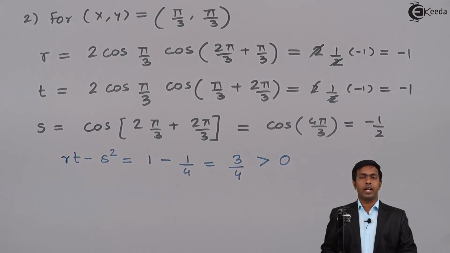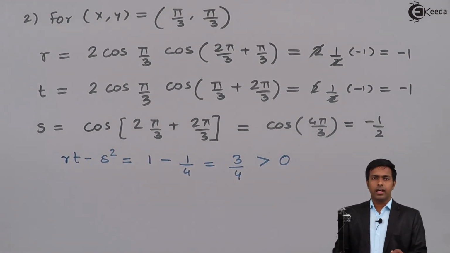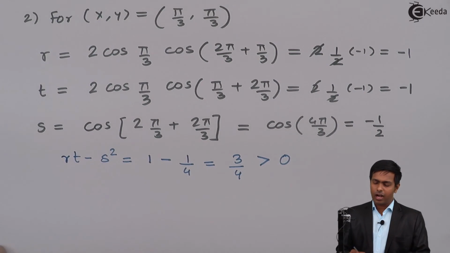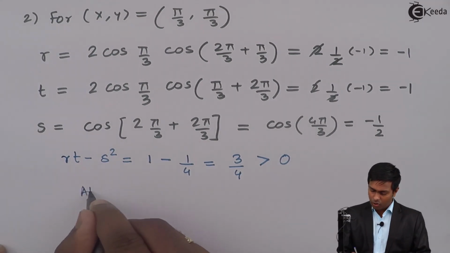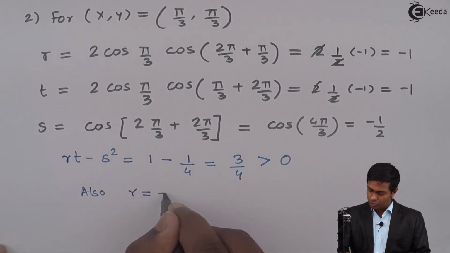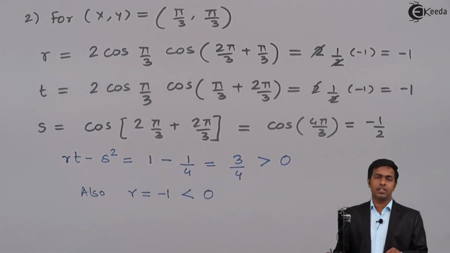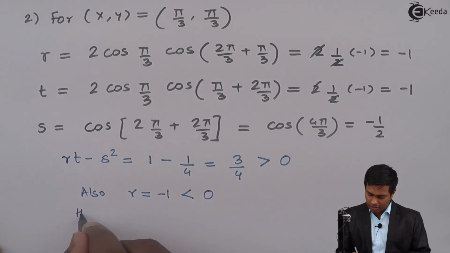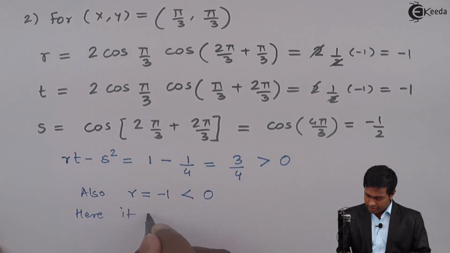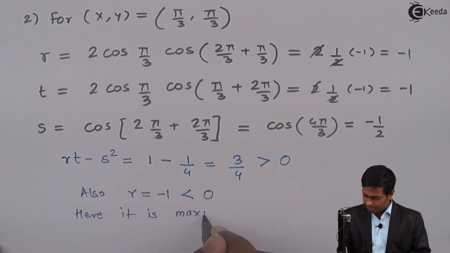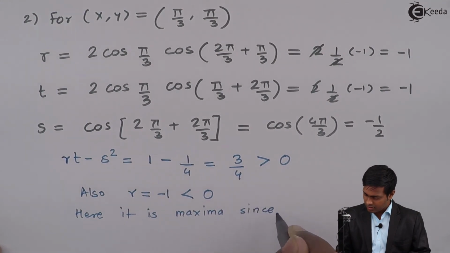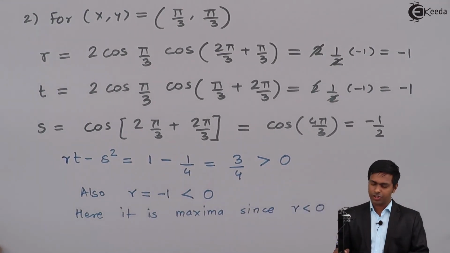So whenever RT minus S square is greater than 0, there will be either minima or maxima, and for that we'll check the value of R. So here R is equal to minus 1, which is less than 0. And whenever R is less than 0, we say there is maxima. So here it is maxima since R is less than 0.